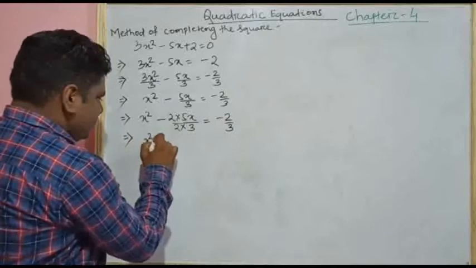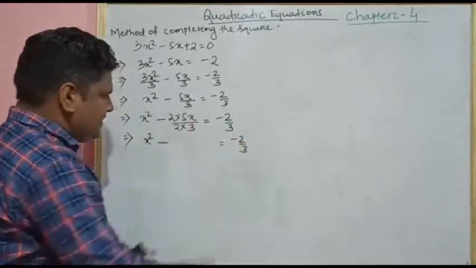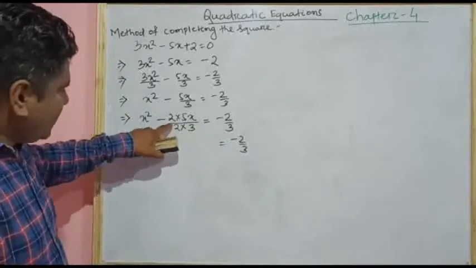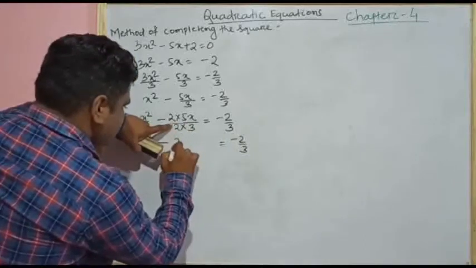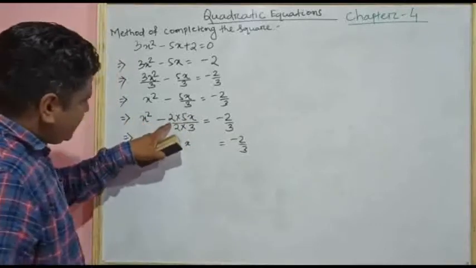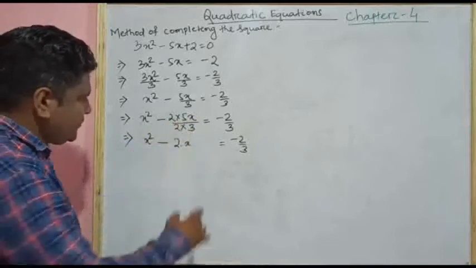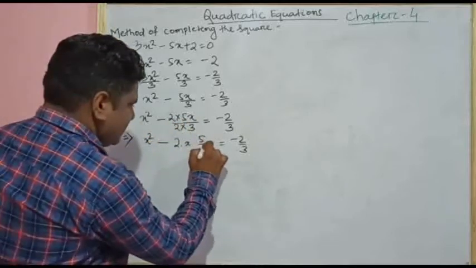Now it will be x square minus, and it will remain as it is. We will take the middle term only, so we can write this as 2 into x. We have written 2 and x. Remaining is 5 by 2 into 3. It will be 5 by 6.